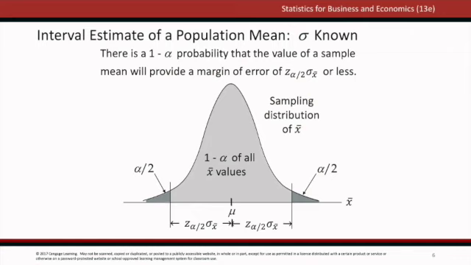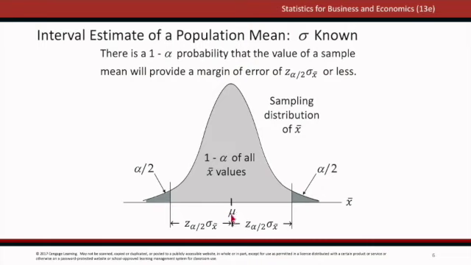And remember from the previous chapter that we know the conditions under which this distribution is going to be approximately normal. And also remember that under those conditions, the standard deviation of this distribution is given by this number, sigma x bar. And the expected value or mean of this distribution is equal to the population mean.